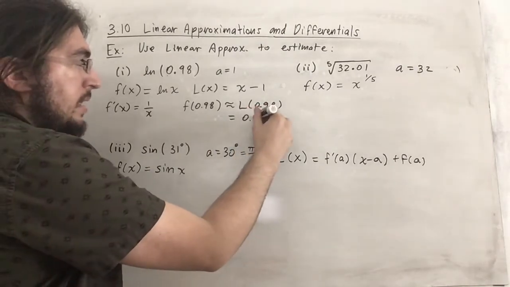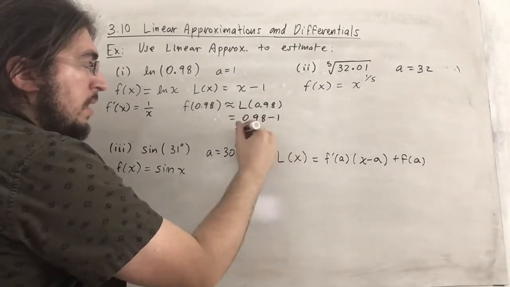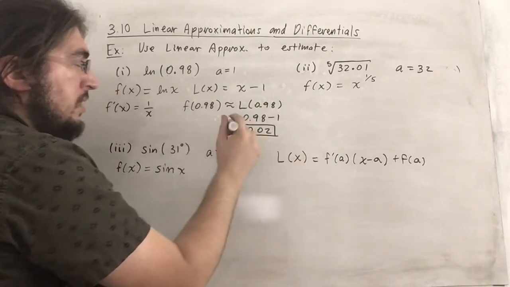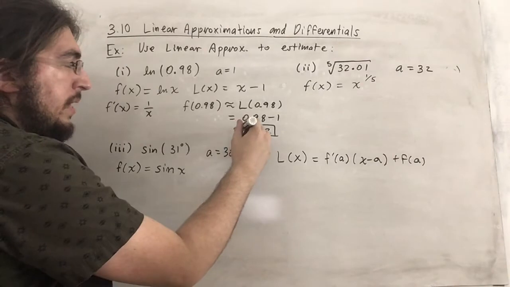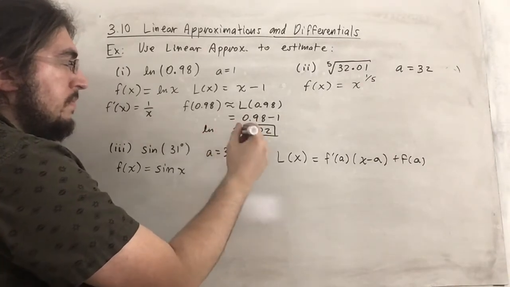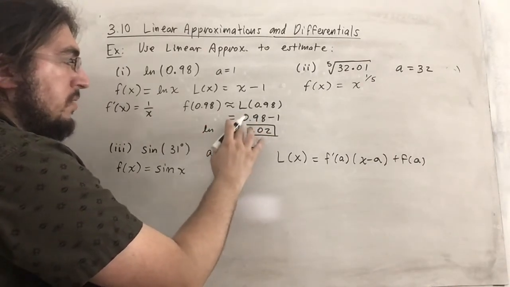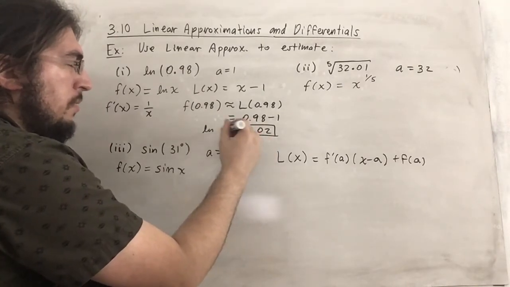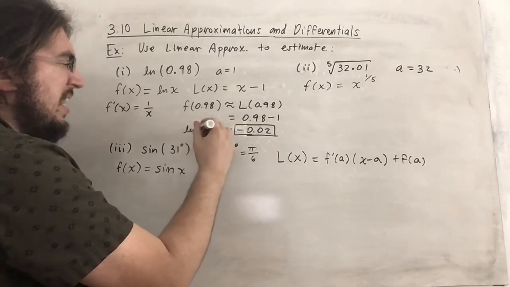It's 0.98 minus 1, which is negative 0.02. So that is going to be our approximation for ln of 0.98. Sorry, negative 0.02. There we go. So that's approximately ln of 0.98.